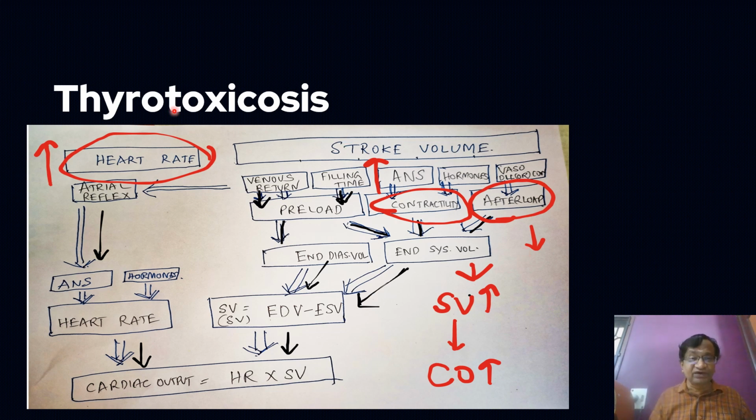High output of thyrotoxicosis is associated with better contractility, but in anemia, heart rate increases and afterload decreases. Here you can see the contractility also increases because there are two hormones. One is catecholamine, another is thyroxine. These two play in cardiac output. So that is the difference between high output of thyrotoxicosis and high output of anemia.